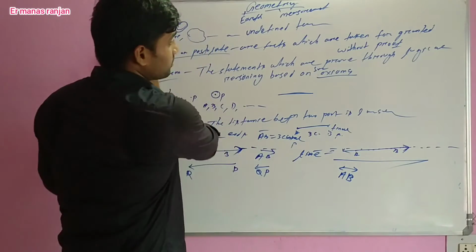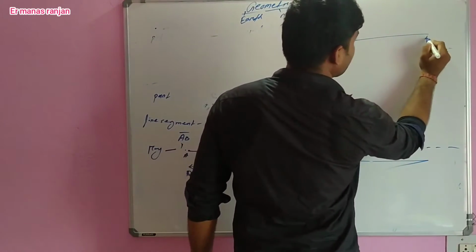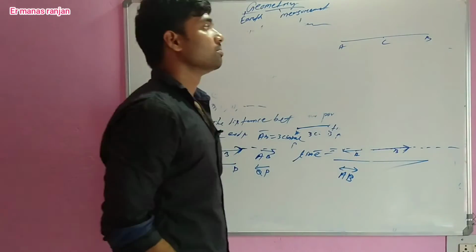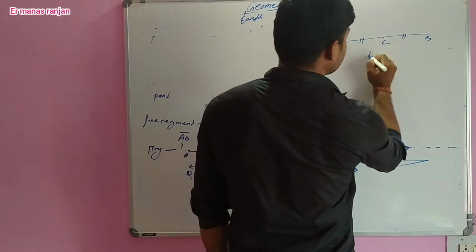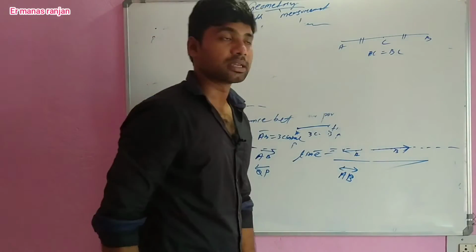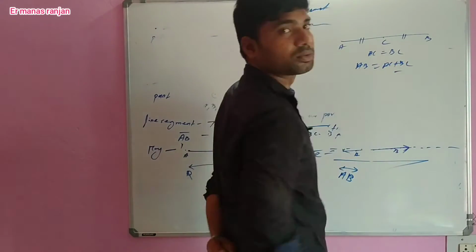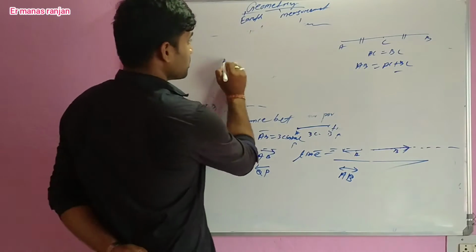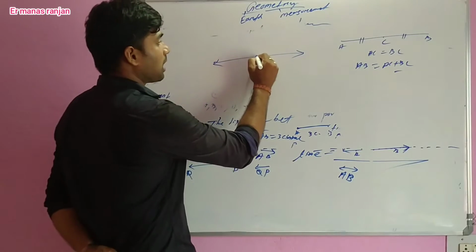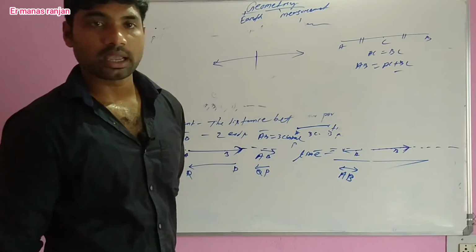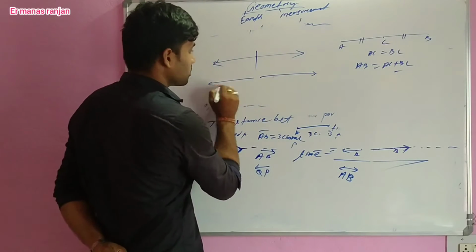Look at here. Suppose AB is a line segment and C is the midpoint of AB. That is called AC equal to BC. And AB will be AC plus BC. Understood? Suppose this one is a line. You split it into two halves. It forms two rays.